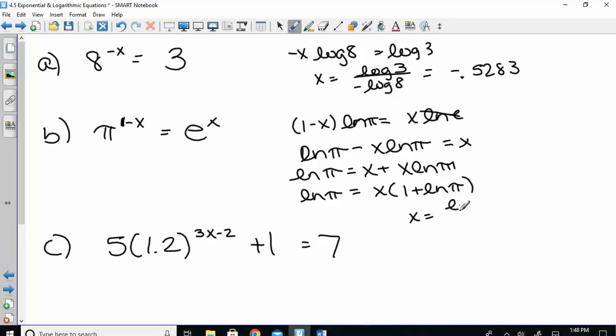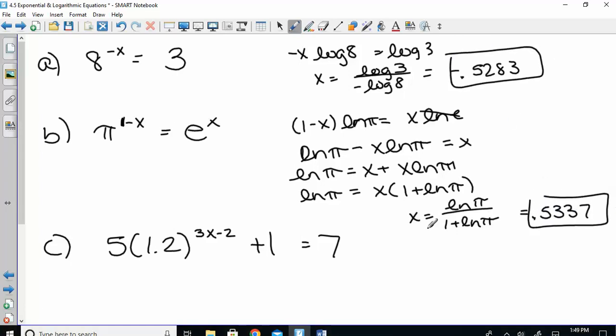So x is the natural log of pi divided by 1 plus the natural log of pi. And we get 0.5337. Is that one okay?